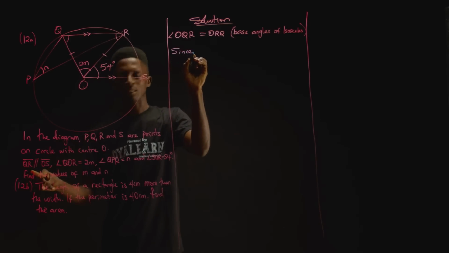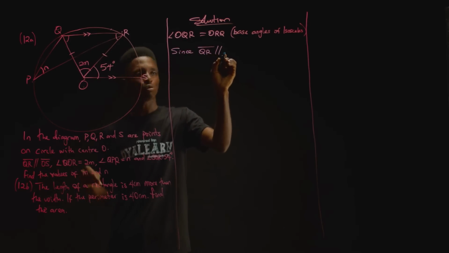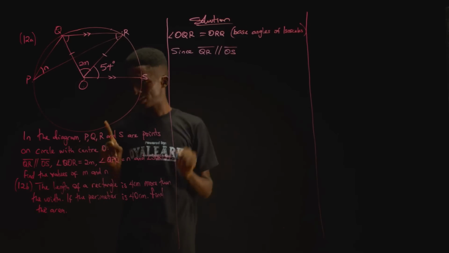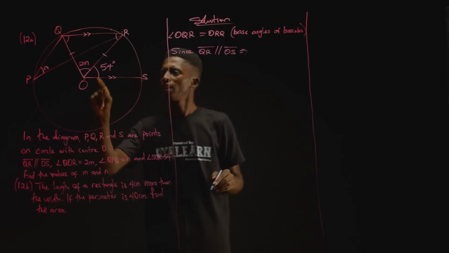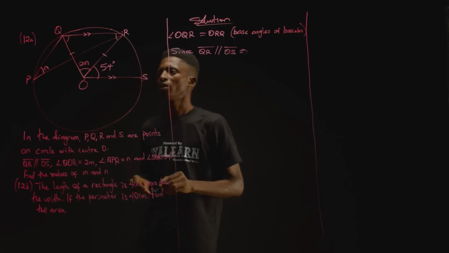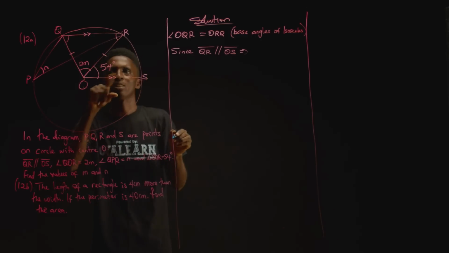So since QR is parallel to OS, this implies that this angle here, this one here, is alternate to this.